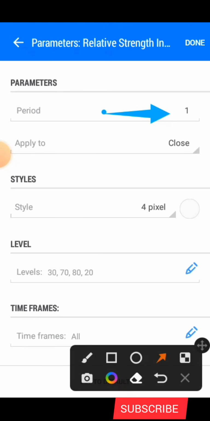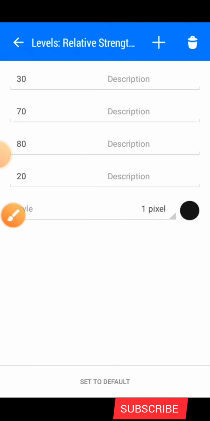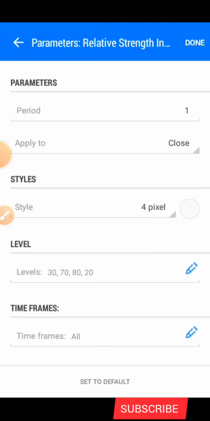Period is 1, apply to close. Under the style we have 4 pixels, the color is white. Under the levels, we have 30, 70, 80 and 20, 1 pixel, the color is black. Then you go back.